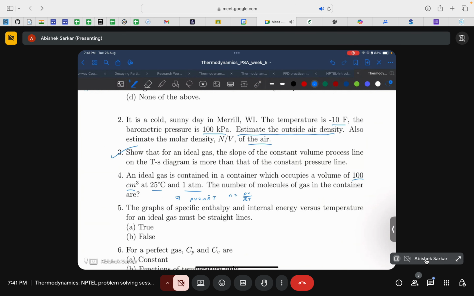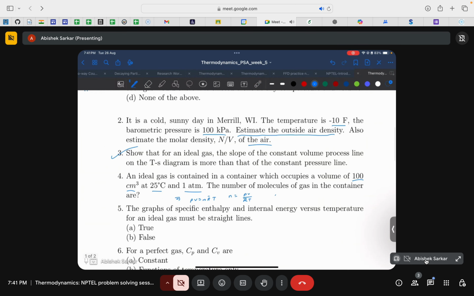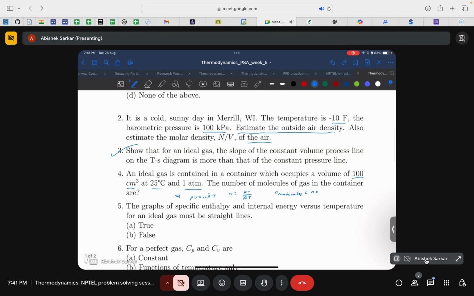You can find the number of moles. The number of molecules would be the number of moles times Avogadro's number, which is again a constant value.